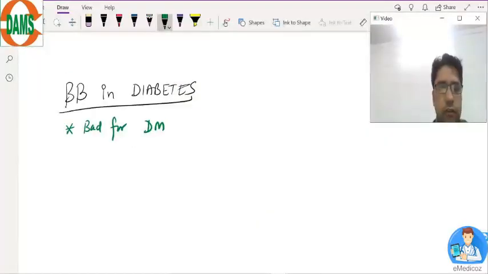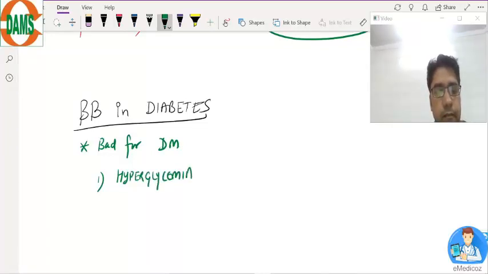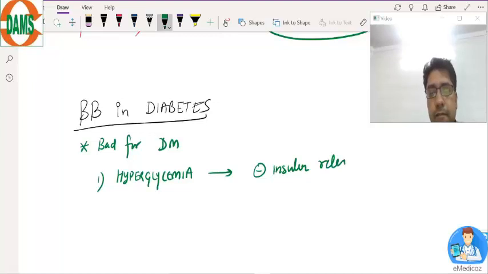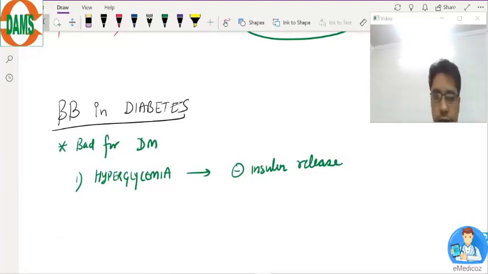First point, you will write they produce hyperglycemia. Why? Because they inhibit insulin release. They produce hyperglycemia because insulin release was because of beta 2.